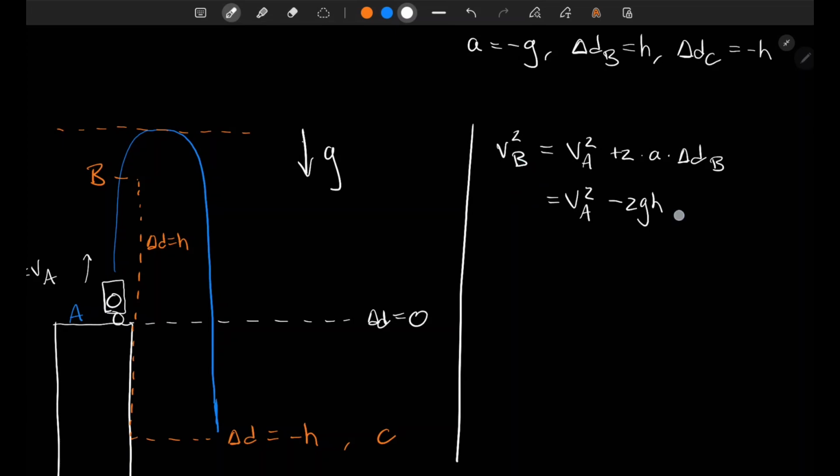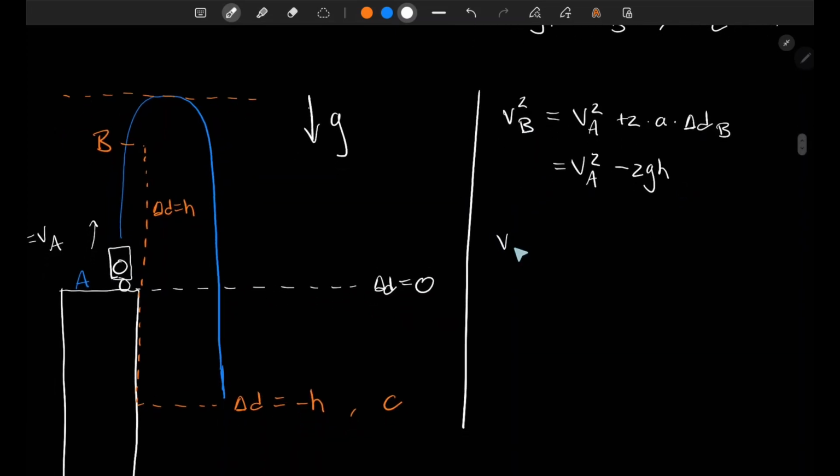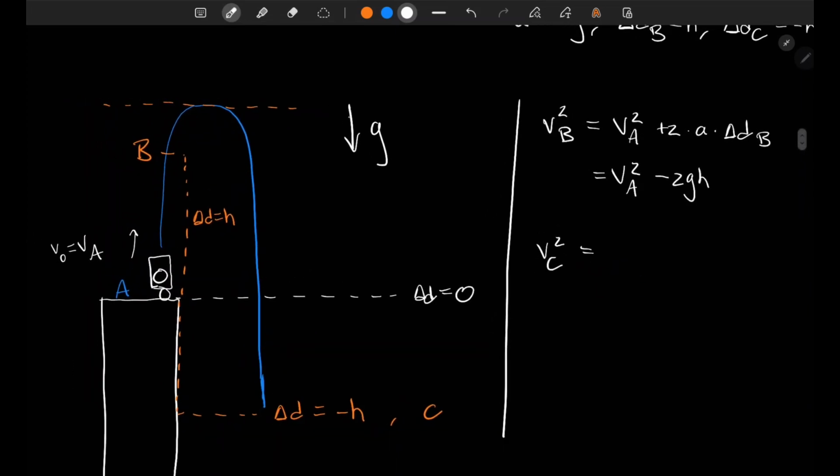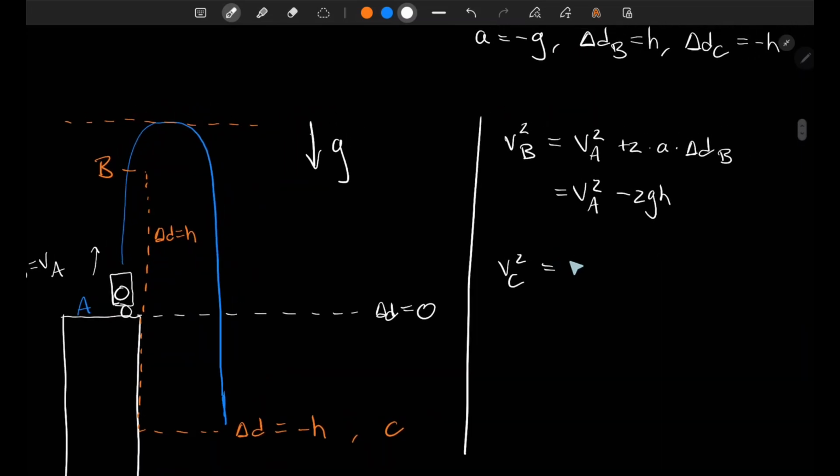What's our velocity squared at point C? Well, that's easy to calculate. It's going to be vC squared is equal to the initial velocity, which, since these 2 points lie along the same trajectory, the initial velocity is actually the same. So it's both going to be vA squared. And then this is going to be plus 2 times a times delta d sub C. But here, vA squared is the same.